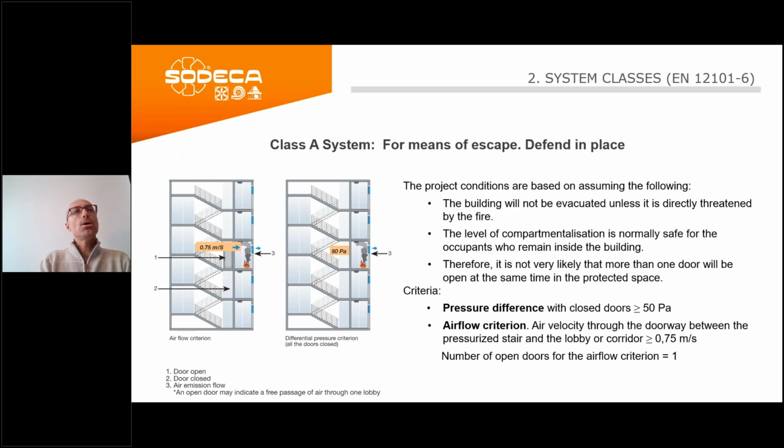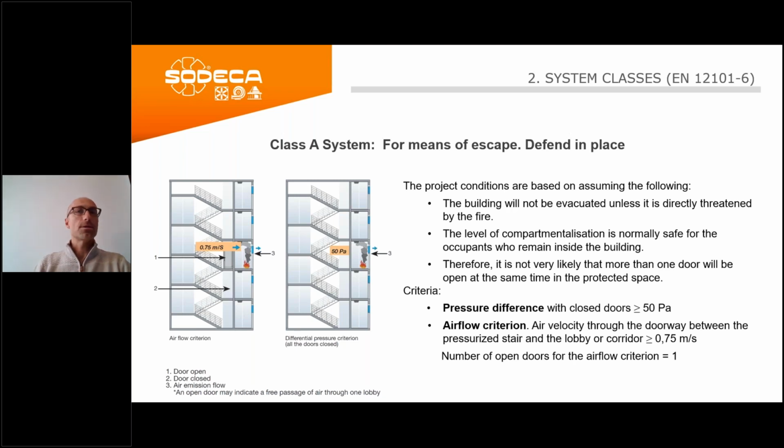So the criteria that we have to apply for the system is the pressure difference criterion with all the doors closed, that it has to be a minimum of 50 pascals, and the other criterion is the airflow criterion, and it says that the air velocity through the door between the protected area and the accommodation area has to be at least 0.75 meters per second.